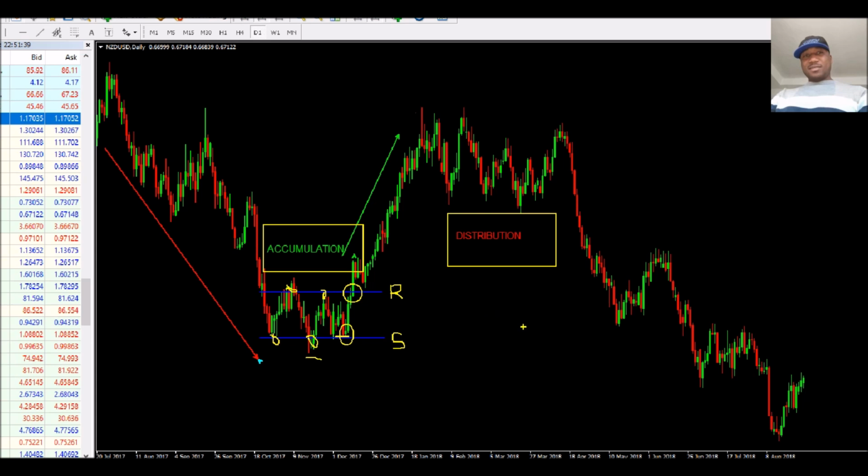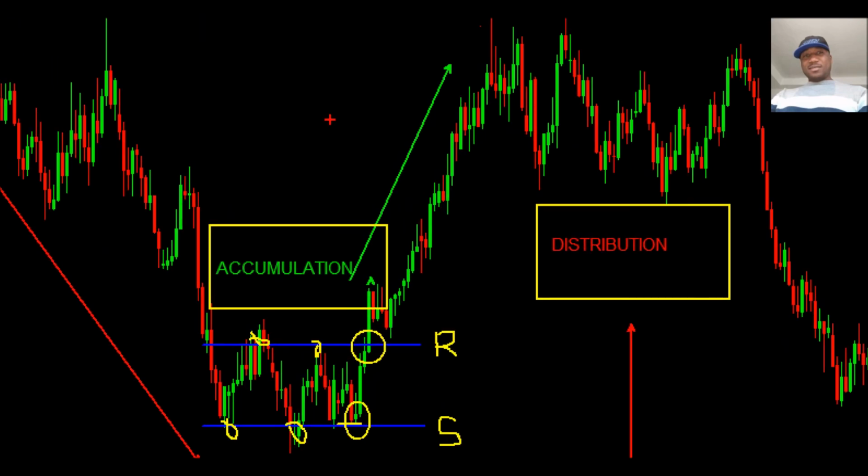Now, the distribution phase is a phase where the trend is on the upside and you want to make money from the market. All you need to do is to understand that you are trading the distribution phase. If you are trading the distribution phase, I repeat, you have to make sure that there is a trend to the upside.